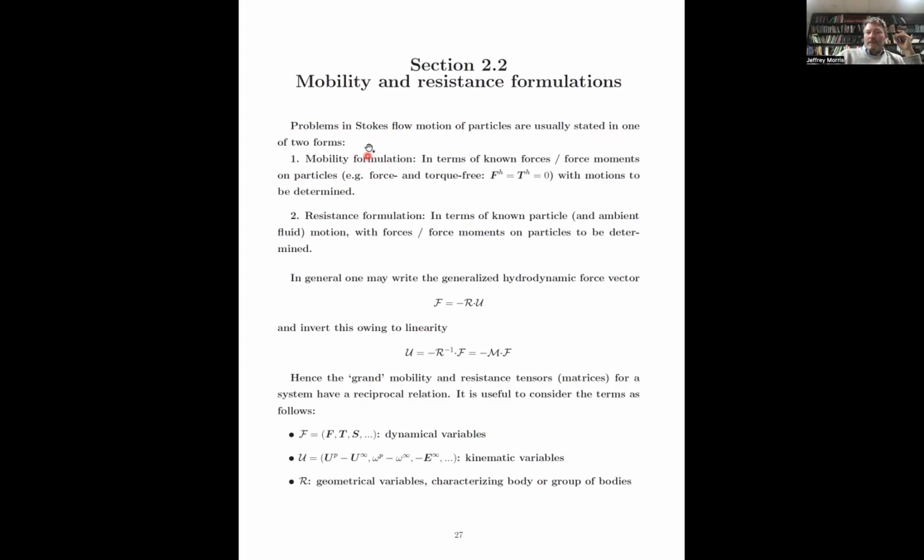So the mobility formulation says we know the forces and the force moments on the particles. So for example, I could say that I have particles which are force and torque free, and I have to compute the motions. So that's a mobility formulation. Whereas a resistance formulation says that the particle motion is known, but the forces and force moments have to be determined. Okay, so let me give an example of this.